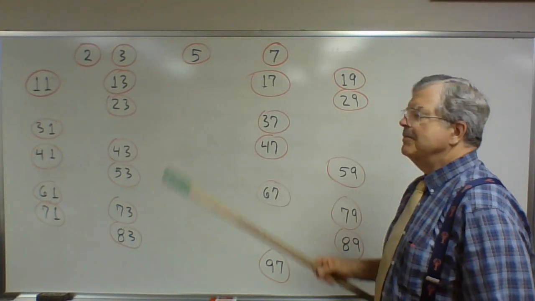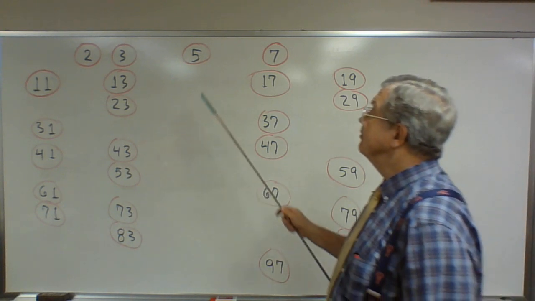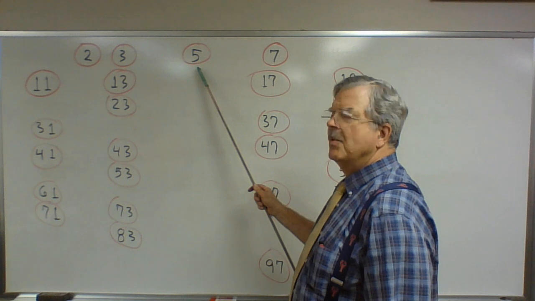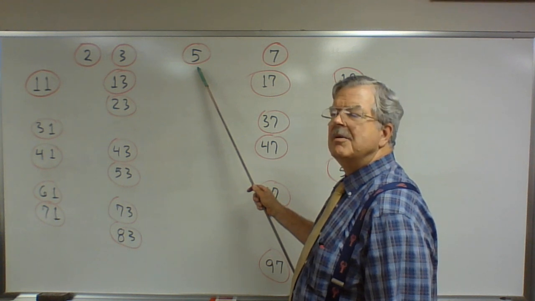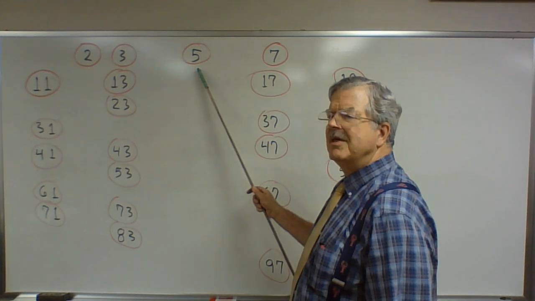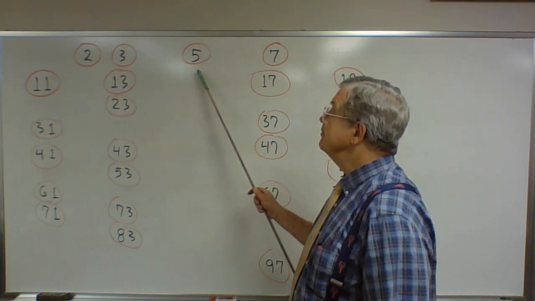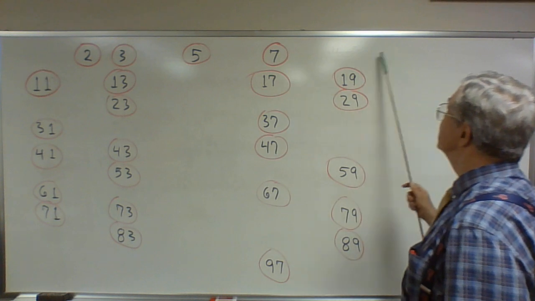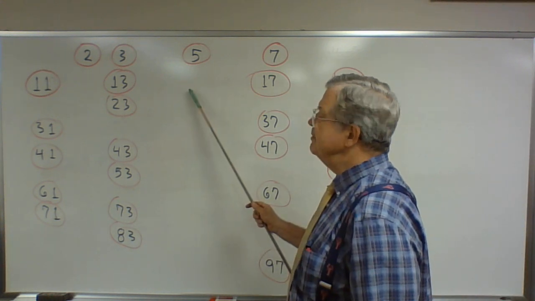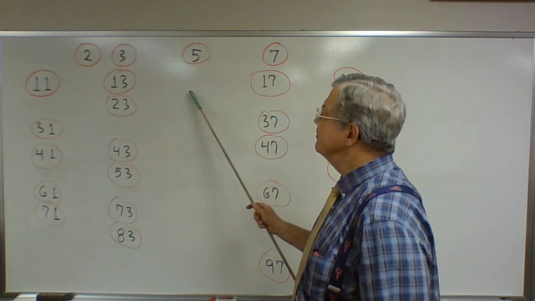And we eliminated the multiples of 3. When we got to 5, what was the smallest multiple of 5 other than 5 itself that was still on the list? It wasn't 10 because that's a multiple of 2. It wasn't 15 because that's a multiple of 3.